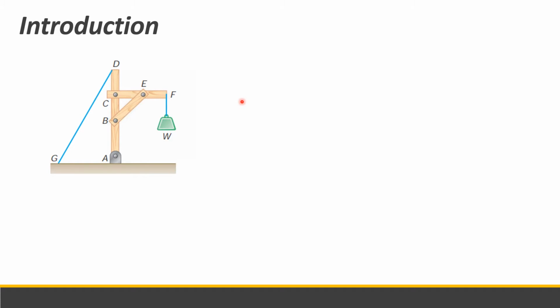The free body diagram of the crane is drawn like this. Compared to the previous module, where we were only considering one particle, in the analysis of structures we will analyze the structure as a whole.